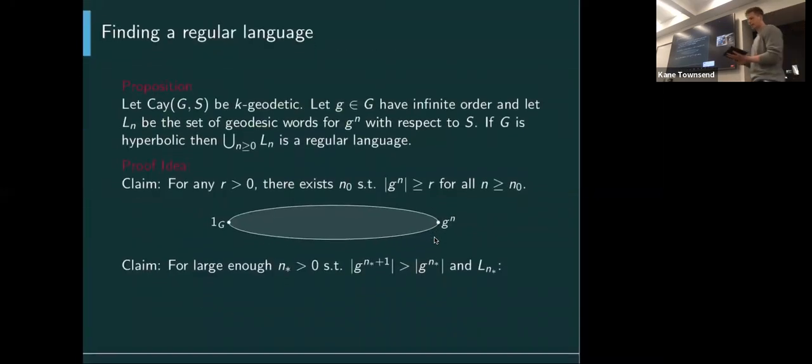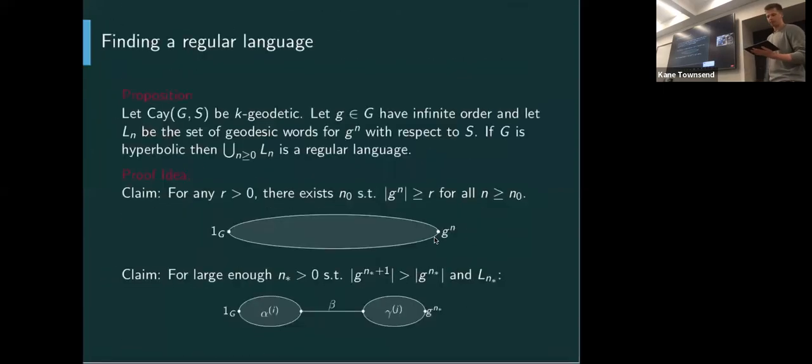And then the second claim is I can also choose an n star greater than n naught, such that when we add one more power of G, its length has increased a little bit. And these are all facts that follow from S being a finite generating set, and you can't come into the ball an infinite number of times.